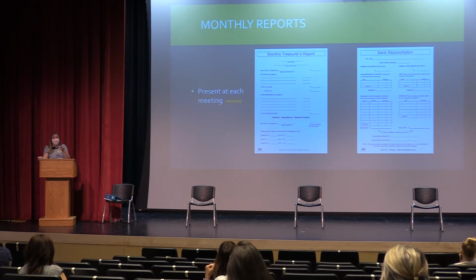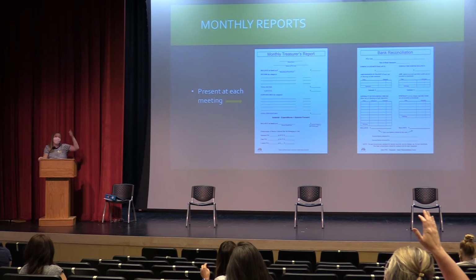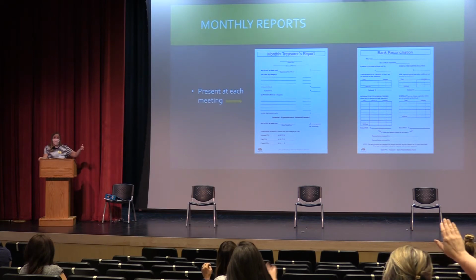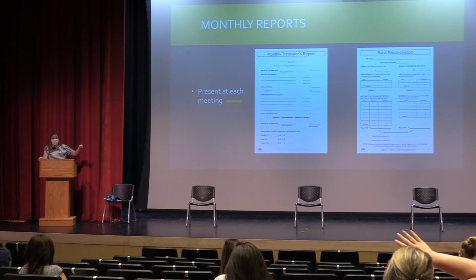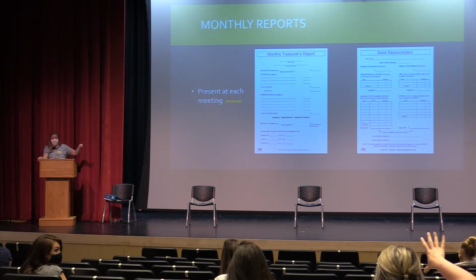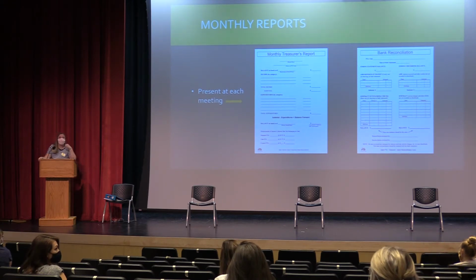So Square or PayPal will give you a monthly report that you can just attach as your treasurer's report for that month. But we do need to have one specifically for our credit card. Yes. Is that a funds received form versus the treasurer's report? Sorry, what was that, Carol?